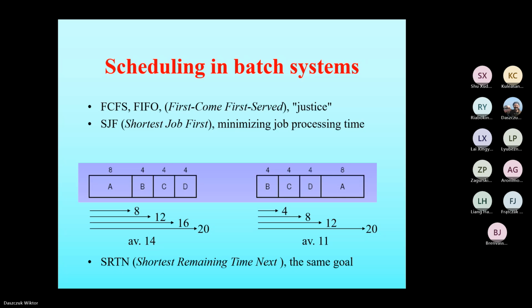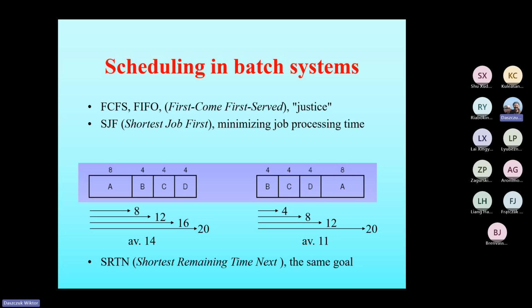Sometimes many events influence the run of a program. So it can happen that a program was taken to run, but it was suspended for some time. So there is a variant of this SJF rule, SRTN, shortest remaining time next.